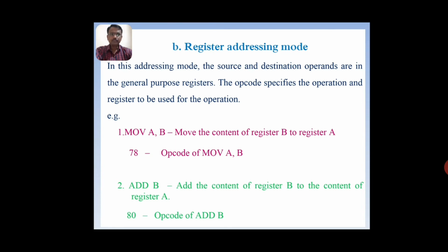So again the source and destination operands are both general purpose registers, and only the single byte 80 will be the opcode for this instruction. In both the examples the operands are general purpose registers.